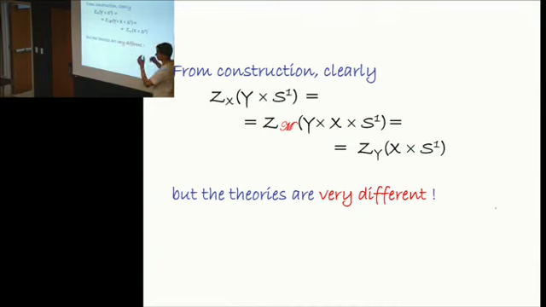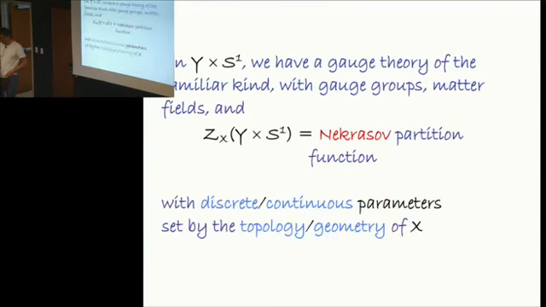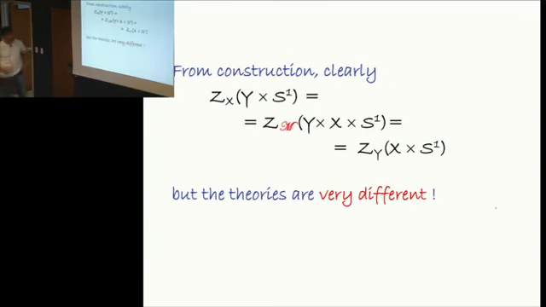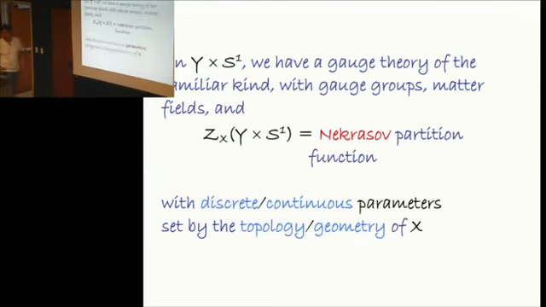And this should be an equality. The 4-dimensional and 6-dimensional theories are very different. In 4 dimensions, we have the very familiar supersymmetric gauge theory, with the partition function being just Nikita's partition function.